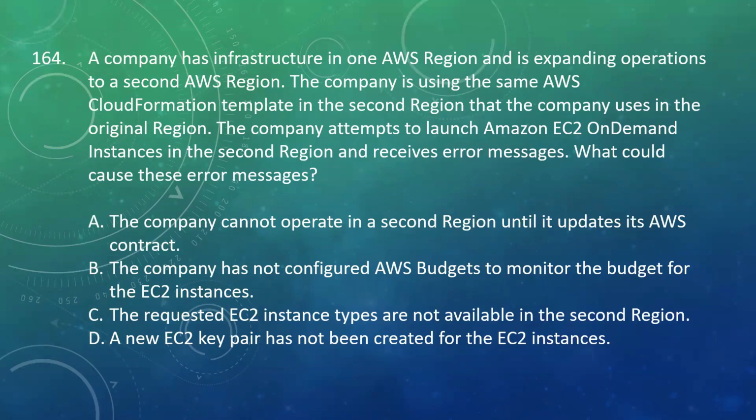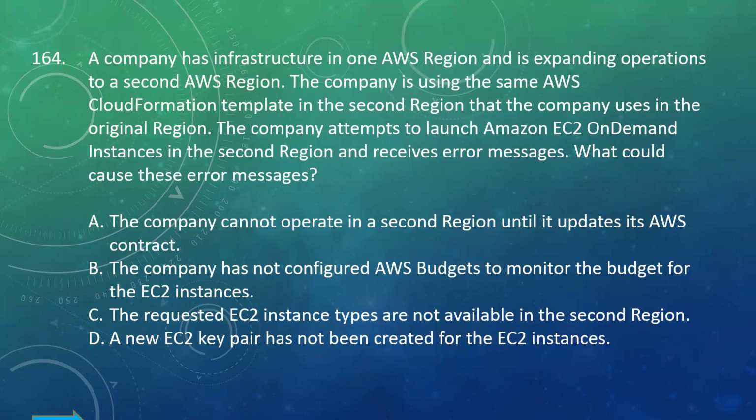The company cannot operate in a second region until it updates its AWS contracts. The company has not configured AWS Budgets to monitor the budget for the EC2 instances. The requested EC2 instance types are not available in the second region. A new EC2 key pair has not been created for the EC2 instances.